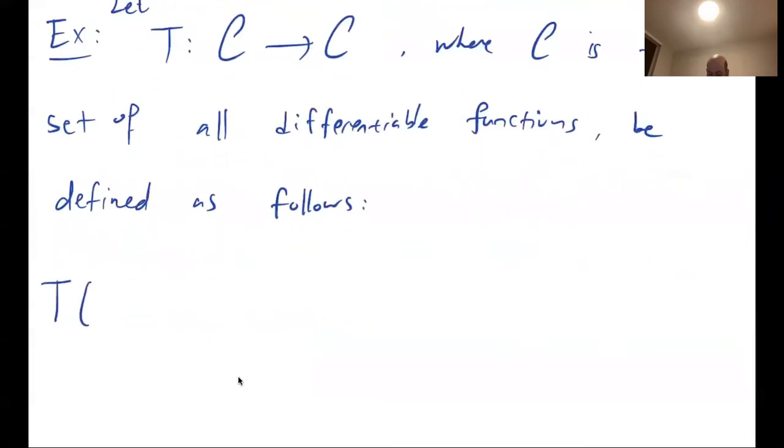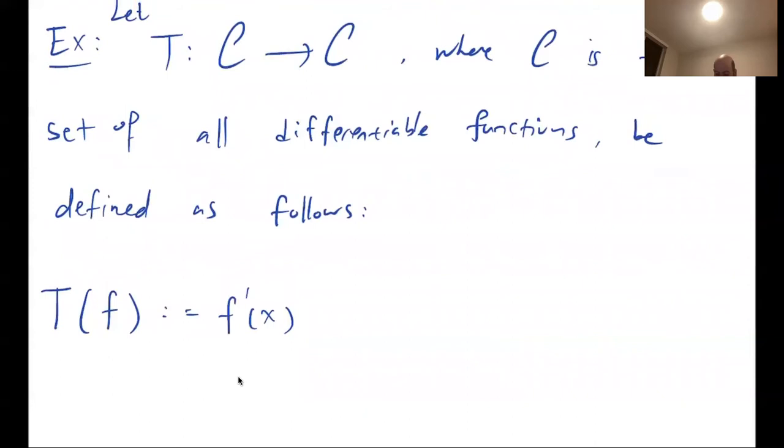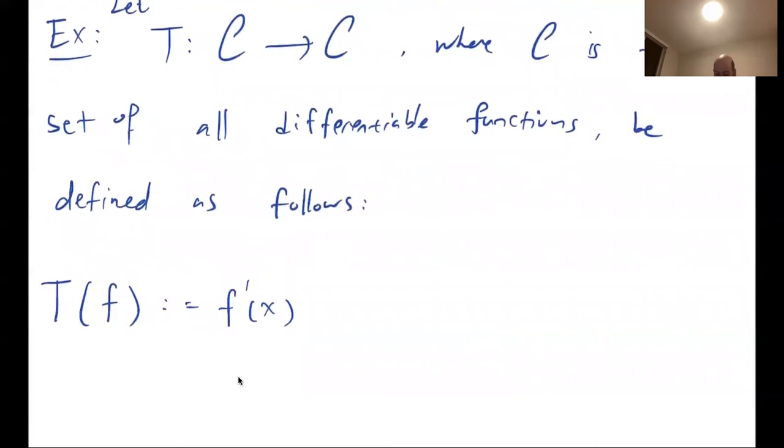Let's say T of a function f is defined as f prime of x. Then T is linear. It is a linear operator.